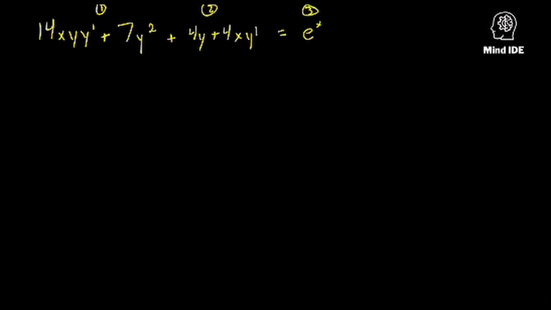And now we want to get this into y prime of x equals something format. So it's actually pretty simple from here. We're just going to gather our like terms.